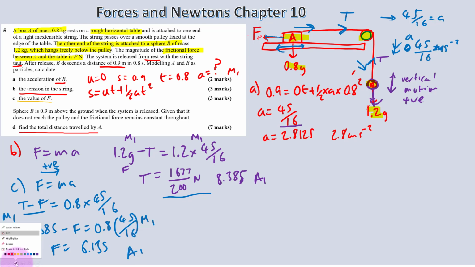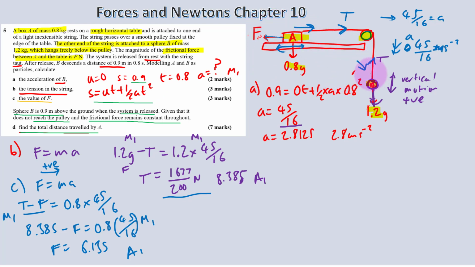Now D is what I would say a tricky one to solve. It says find the total distance travelled by A based on this information. Sphere B is 0.4 meters above the ground when it's released. Given that it does not reach the pulley, so that means A does not reach the pulley, and the frictional force remains constant throughout, find the total distance travelled by A. Now you would think that we can use s equals ut plus a half at squared, but that will give us this 0.9, which is the same from before.